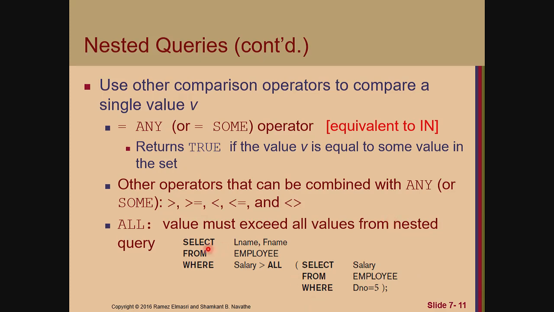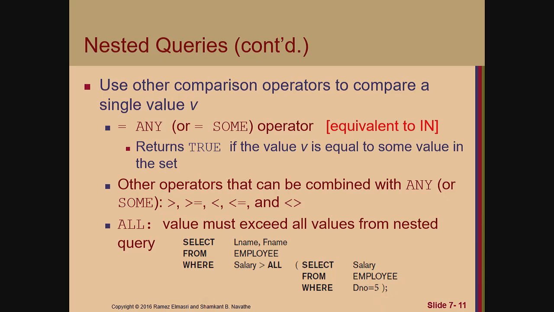So, for example, here, select the last name and the first name of the employee from the employee table who has salary more than all of the members in the result from the subquery. In the subquery, we select just the salary from the employee where department number equals 5.